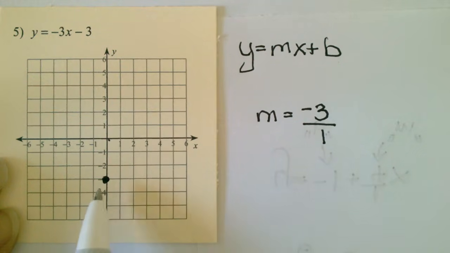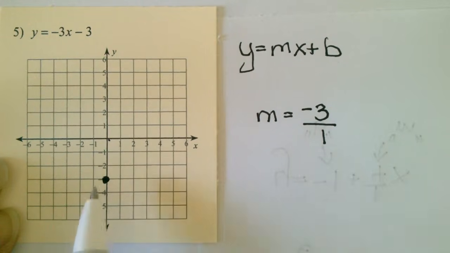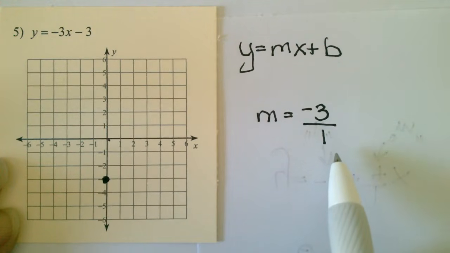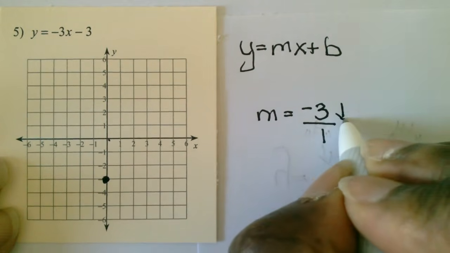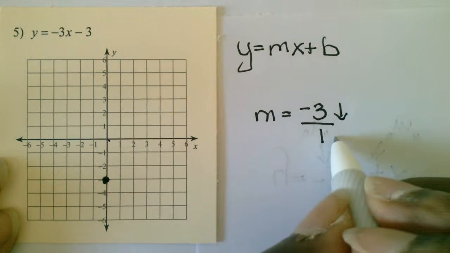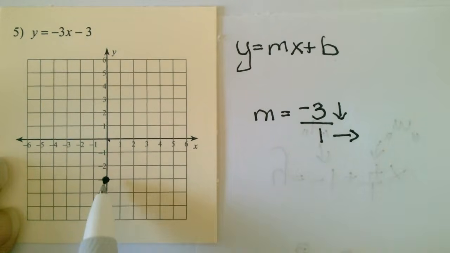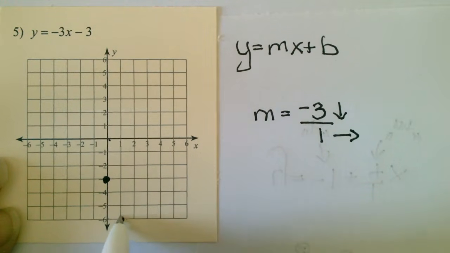So from your starting point, not the origin, you did all that work to find the starting point. So from this starting point, you're going to follow what they give you, -3. So that means I'm going to go down 3, and I have a positive 1, and I'm going to go to the right 1. So starting at my point, going down 3, 1, 2, 3, to the right 1, plot my point.